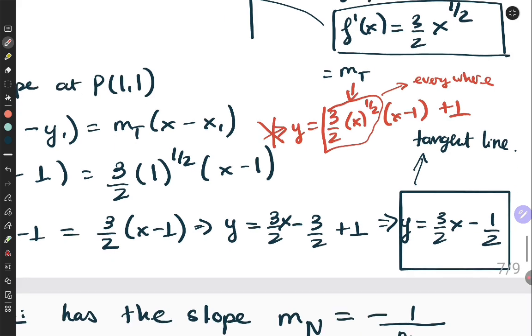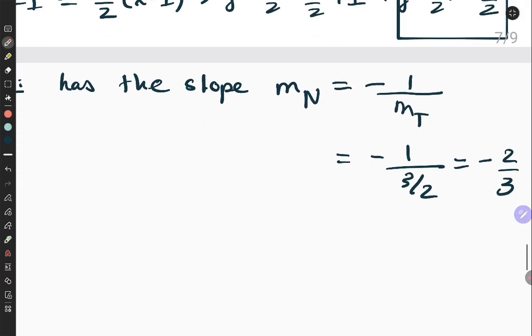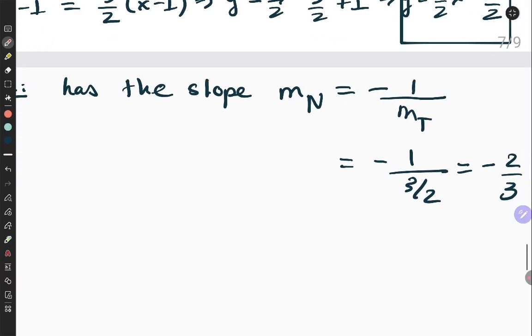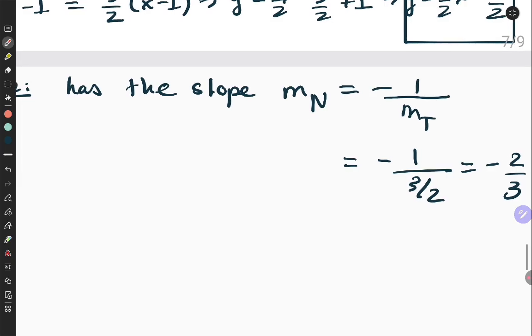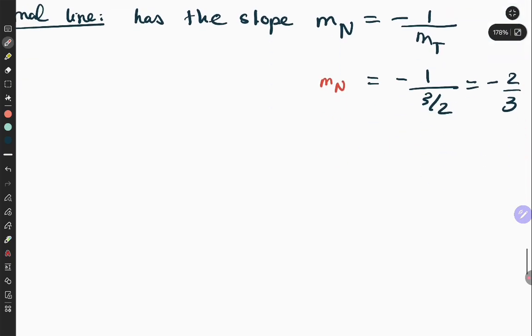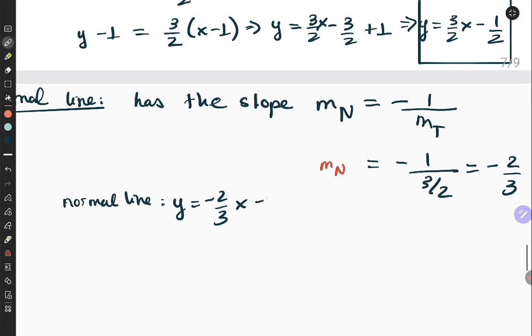Okay. Let's circle back to the normal line. So you have the slope of the normal line is negative 2 over 3. Then the equation of the normal line would be y equal negative 2 over 3, you rewrite the same thing, x minus 1 over 2.